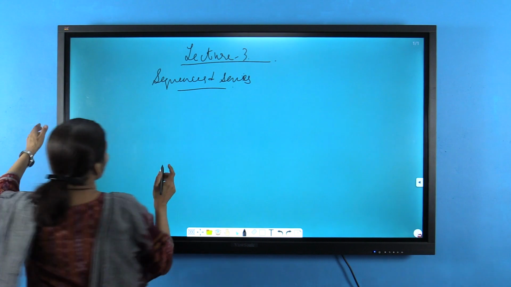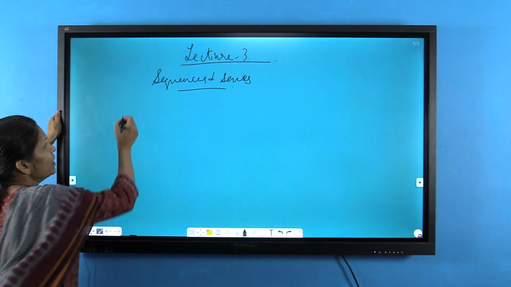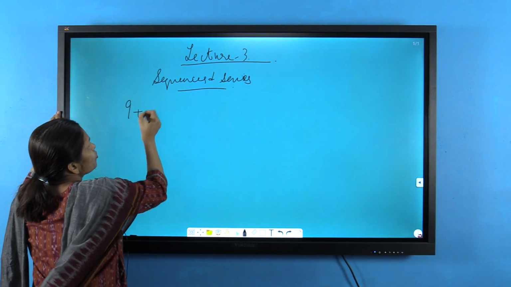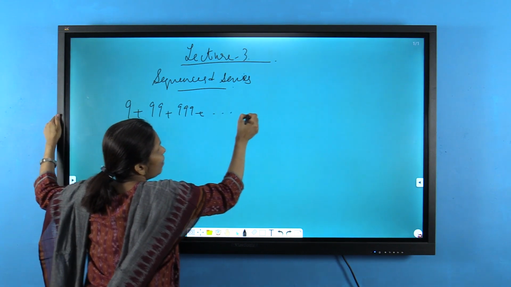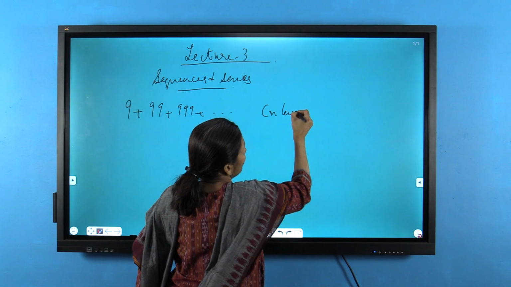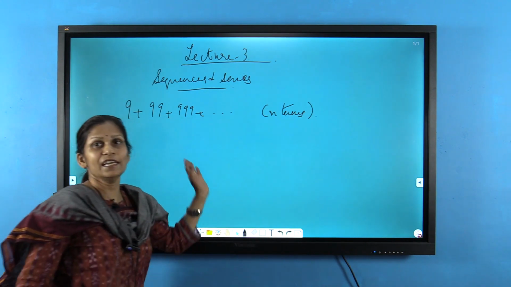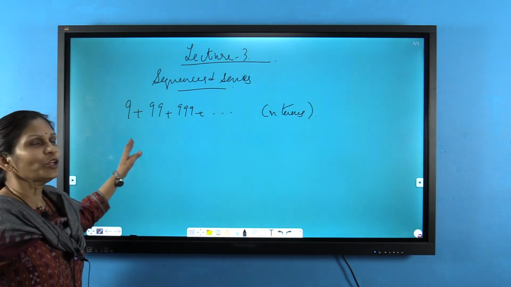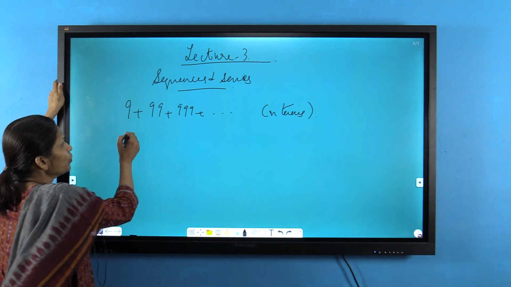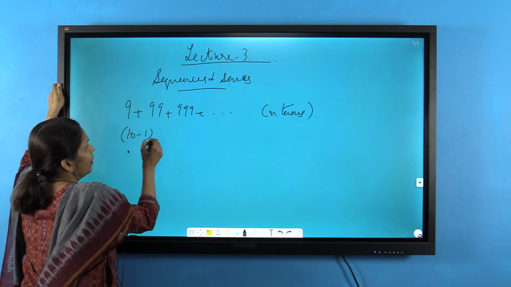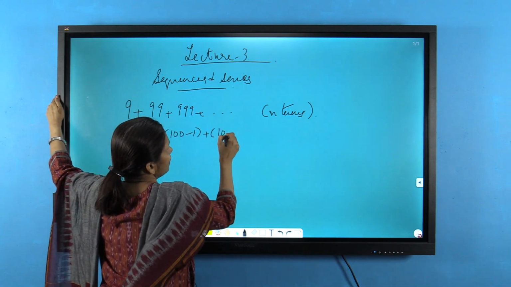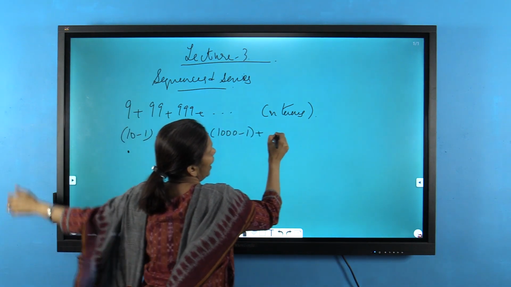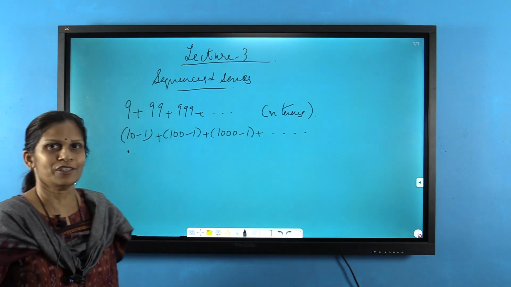Okay. Now, the first of these two is, suppose you are asked to find the sum of these n terms. What you do is, this 9 you write as 10 minus 1, 99 is 100 minus 1, this is 1000 minus 1 and so on, n such terms.